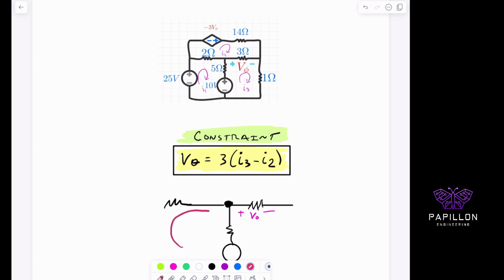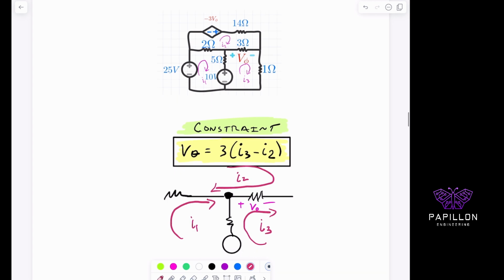So if I go clockwise for I1, if I go clockwise for I3, and then I go clockwise for I2, we get something pretty interesting as far as the behavior of the V0. And if we look at V0, which is this piece over here, it's going to look like you have I2 going this way and I3 going that way.